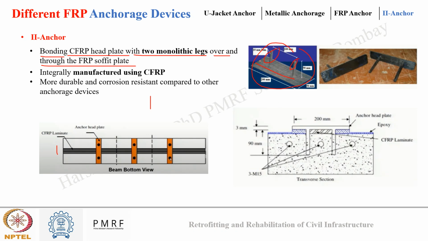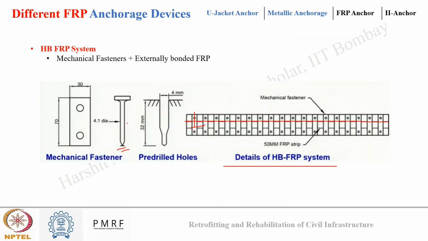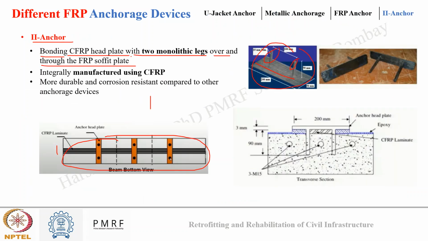So this combined assembly is known as a pi anchor because it appears as a pi, and these are used to improve the bond between the FRP and the substrate, much like we saw earlier in the metallic anchor system. The similar is here. The only difference is this is made of FRP itself, and that was made of a metallic material. Okay.